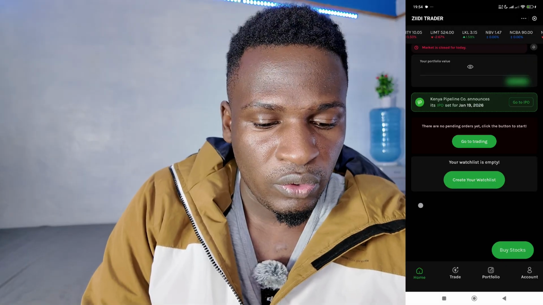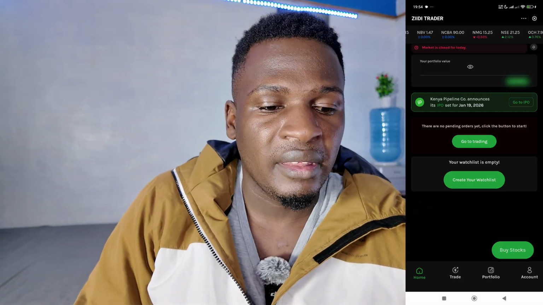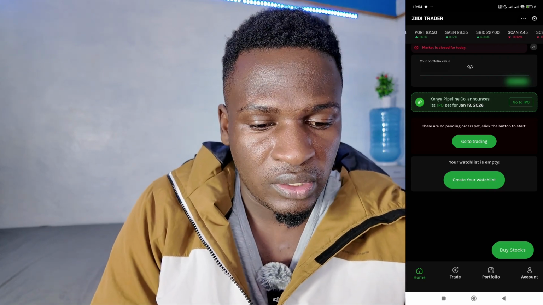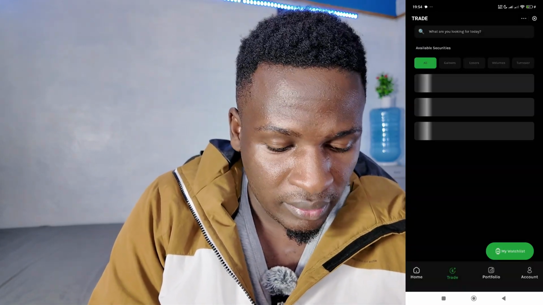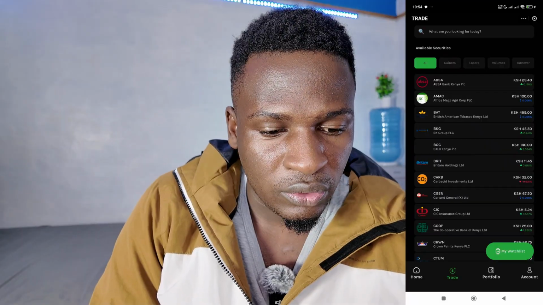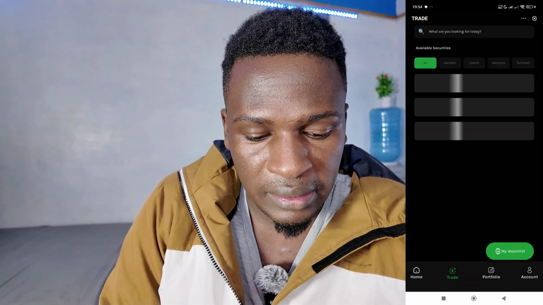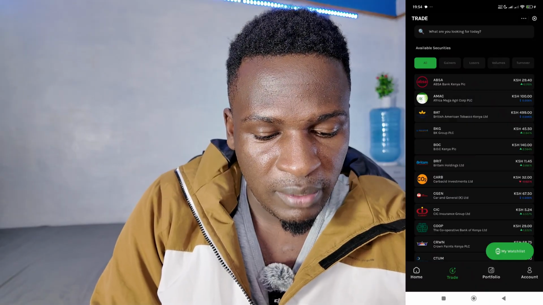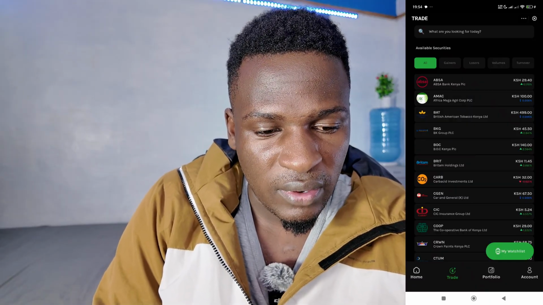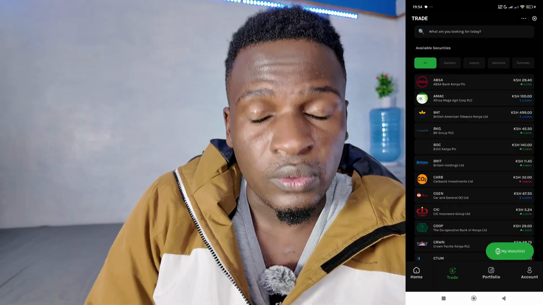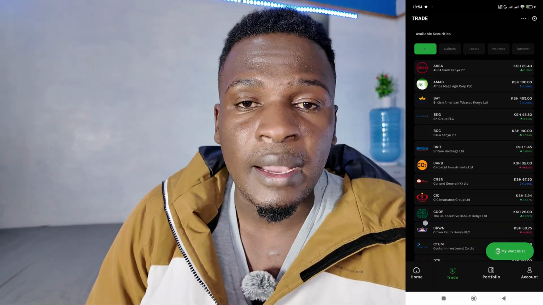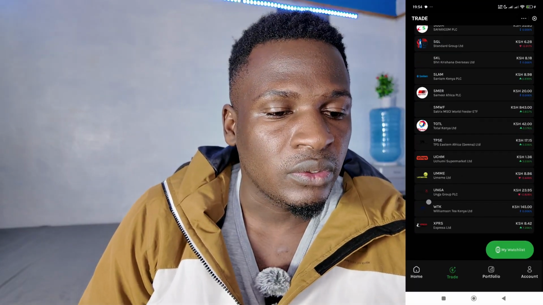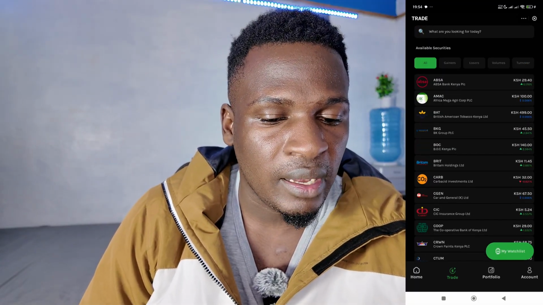So after opening the app, you are going to see stocks here, and if you want to trade, you are just going to accept here. You click on from home, we have trade, portfolio and account. You can go ahead and click trade. You will see names of the companies listed on Nairobi Stock Exchange. You have different companies.